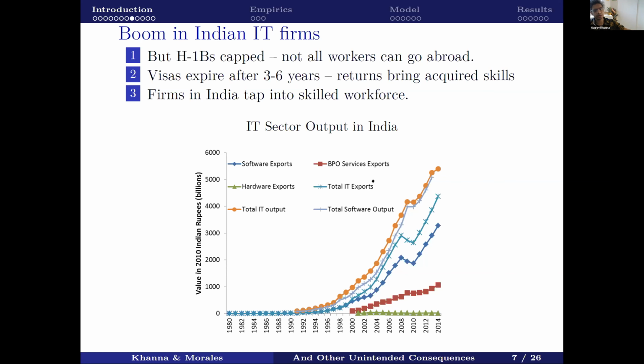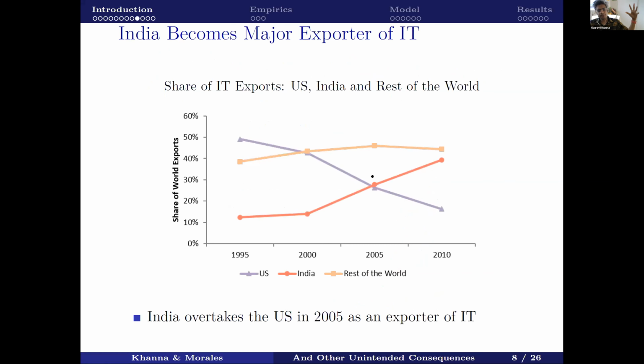So when you actually look at what happens to the share of IT production in the world, what you see is that the US, which was for many decades the largest producer and exporter of IT products, their share actually started declining over time.